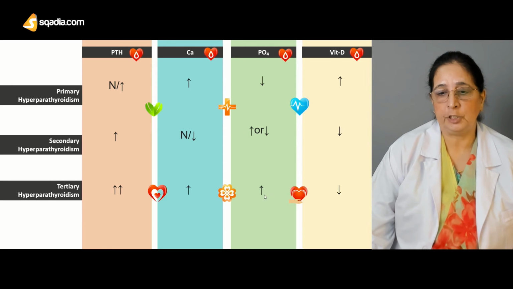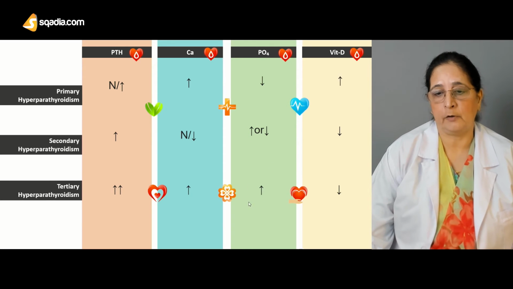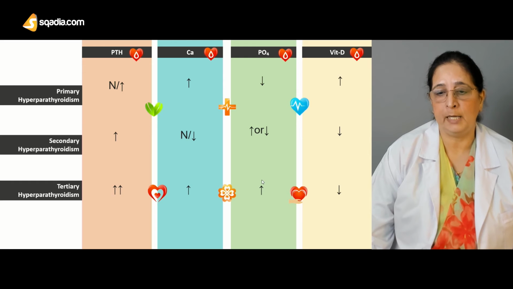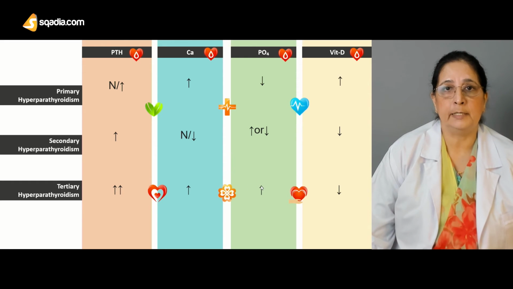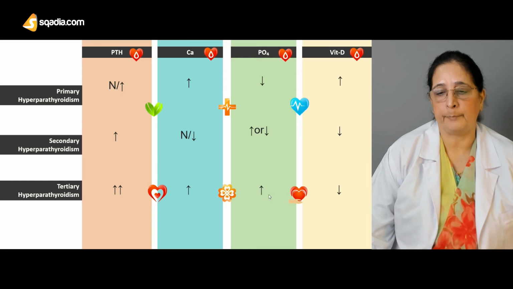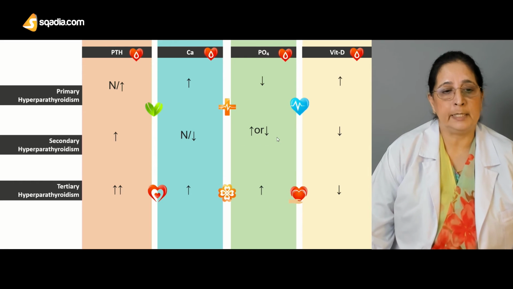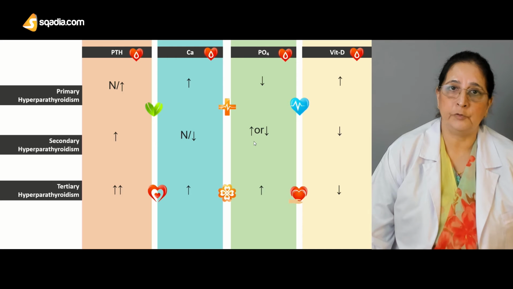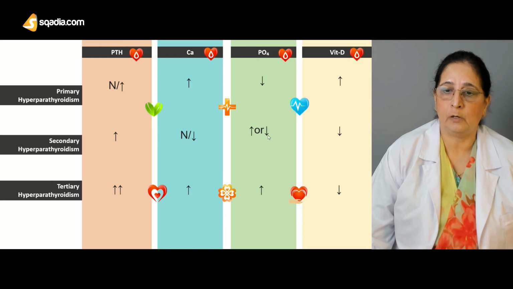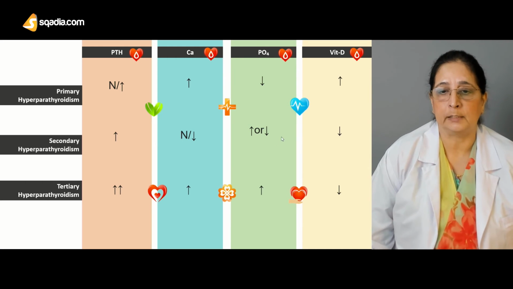In tertiary hyperparathyroidism, again, the main cause is kidneys not functioning properly and excretion is not happening, so the phosphate level is increased. But in secondary, it can be increased or decreased depending on the cause or etiology of the hyperparathyroidism.